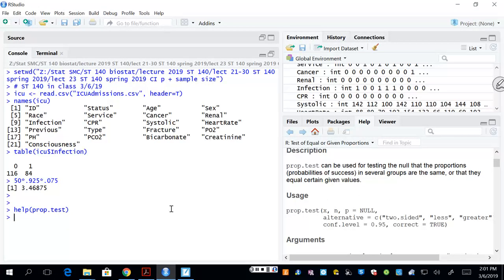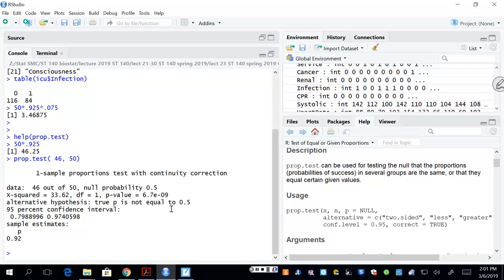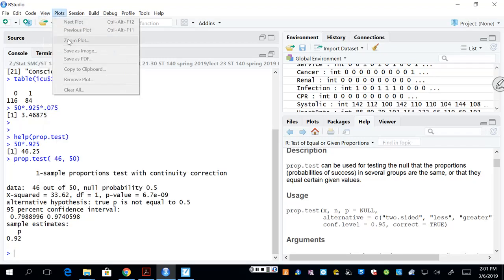So 50 times 0.925 is about 46. If you do prop.test with x equal to 46 and 50 individuals, it's a hypothesis test of whether that proportion is equal to 0.5.